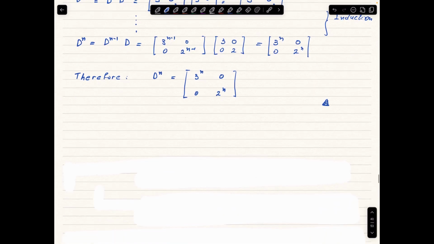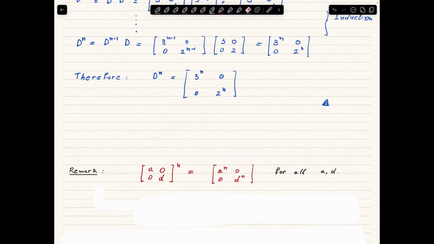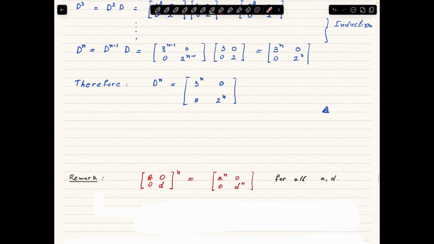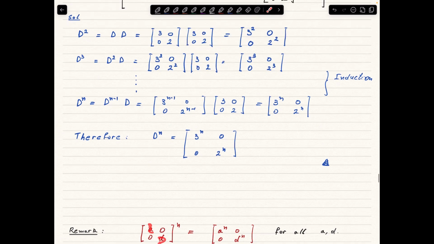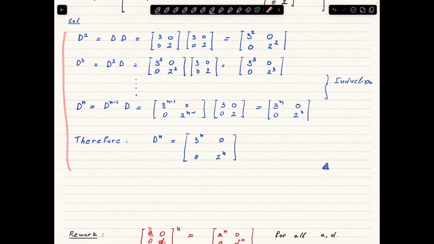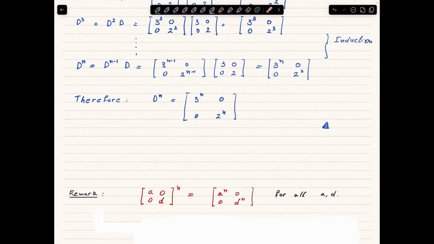Now let's go over a little remark. In general, if you put any coefficients a and d instead of 3 and 2, this calculation we have done here is exactly the same. So we are going to end up with the result that the power n of this diagonal matrix is the power n of the diagonal elements, for any diagonal elements.